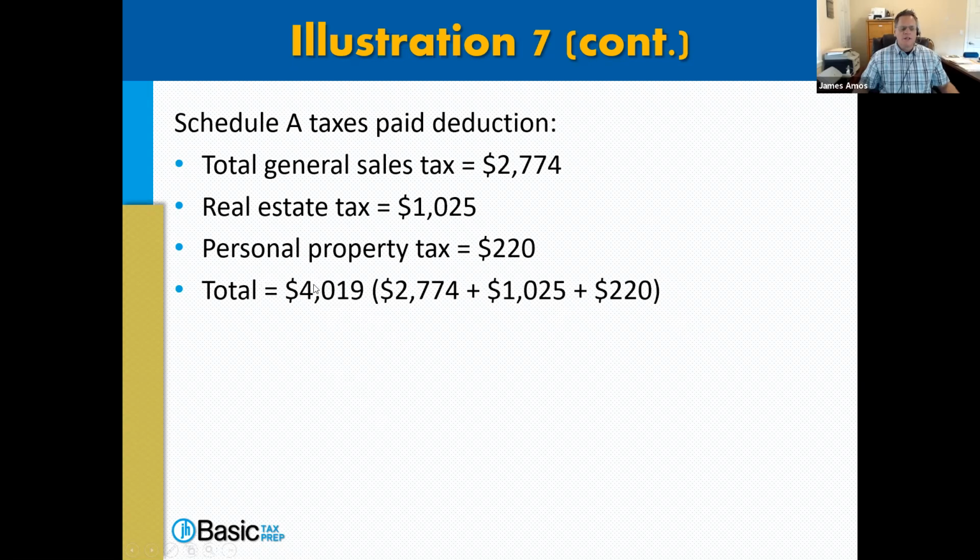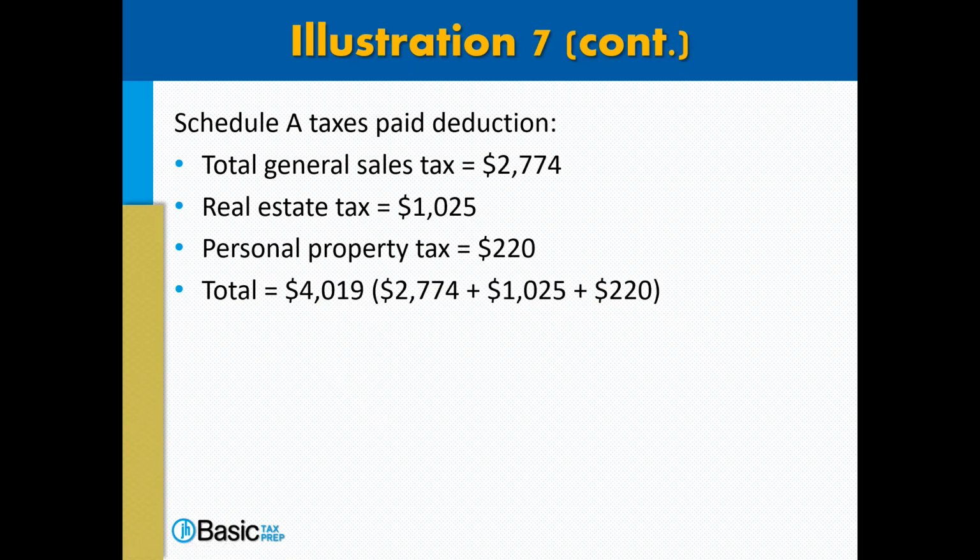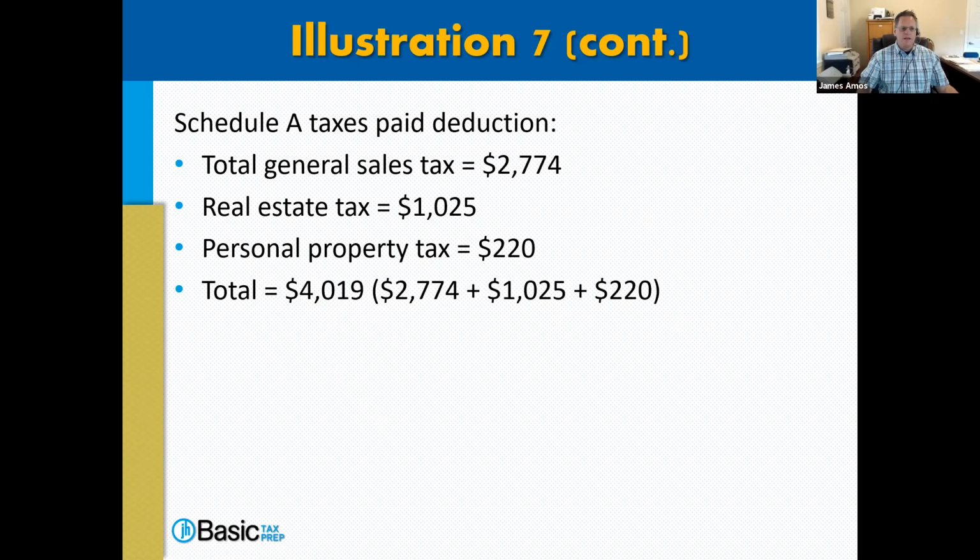Now, what's the last step before taking it? Take the smaller. That's right. Compare it to the cap. It cannot be more than the $10,000. So does she get to take the entire 4,019? Yes, she does.